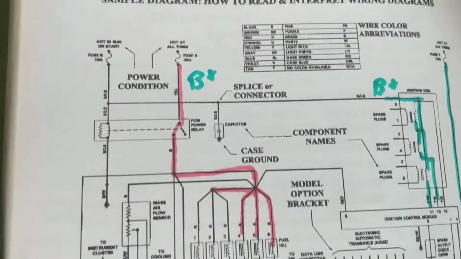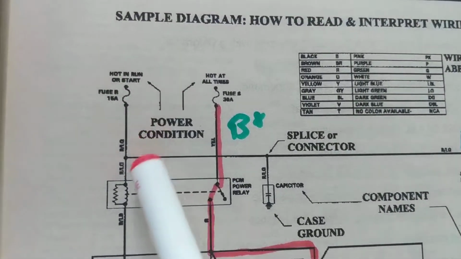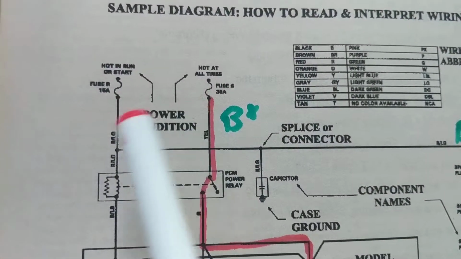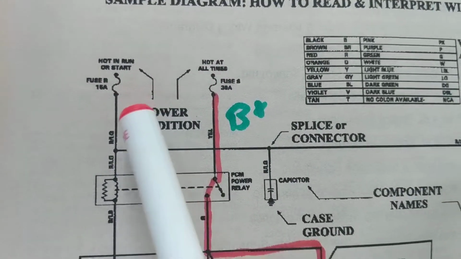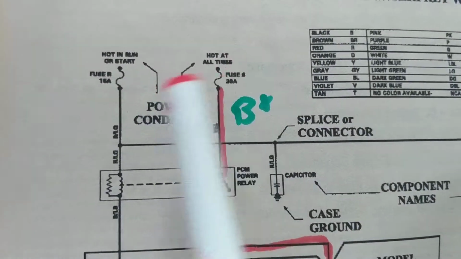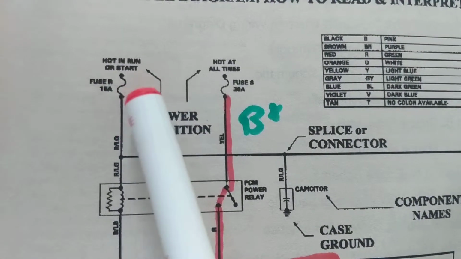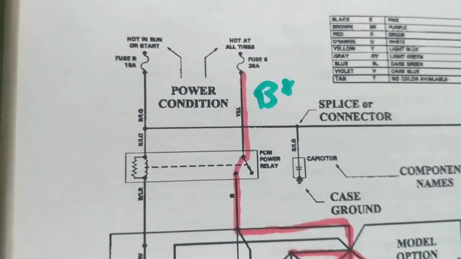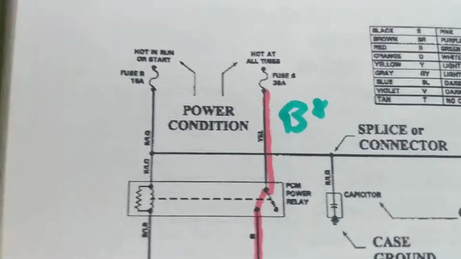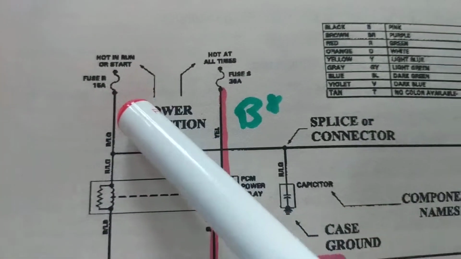Now, number two, the symbols. First, before the fuses goes to batteries, it always tells you the condition of how the current or the voltage is. So hot in run or start. This relates to your ignition switch, in which position your ignition switch has to be for this current to flow from the battery.